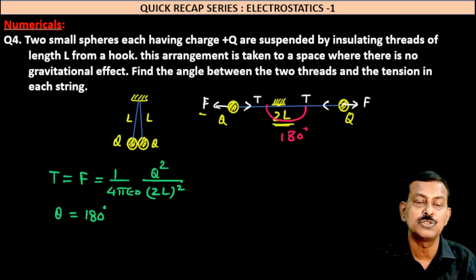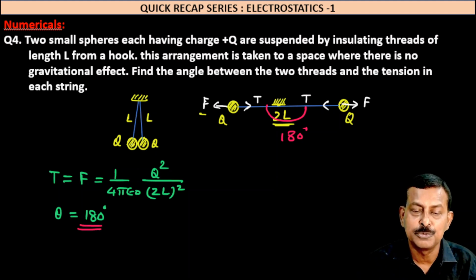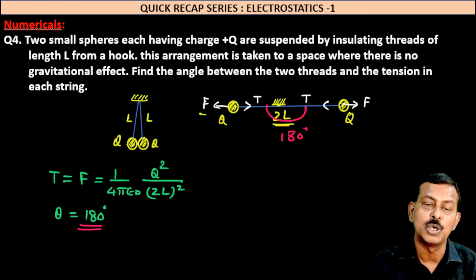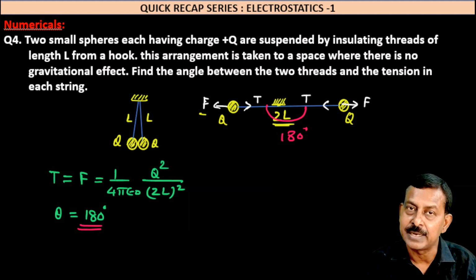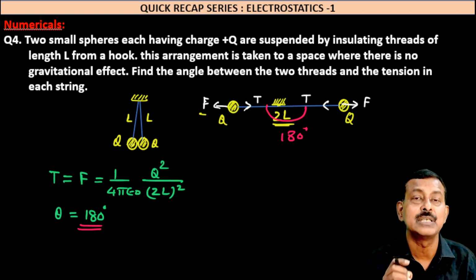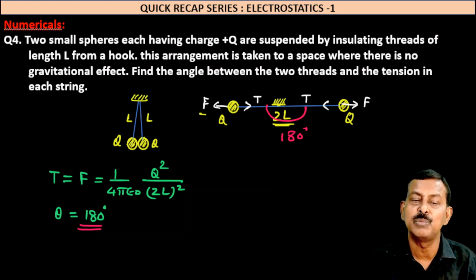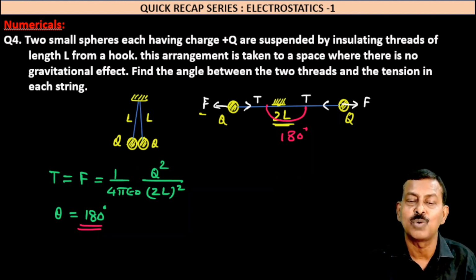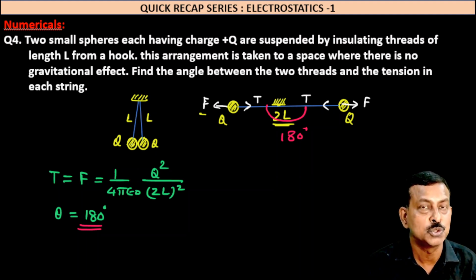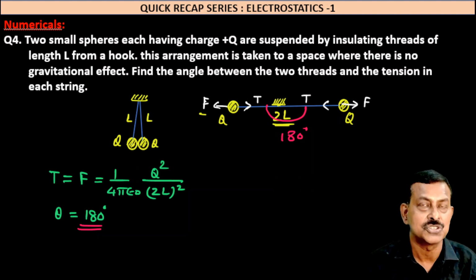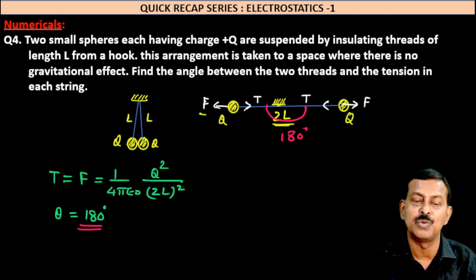The force of electrostatic repulsion is giving the tension in this string. So the tension T will be equal to F, which is 1 by 4 pi epsilon naught Q square by 2L whole square, because the separation between the two is 2L. So this is the expression for the tension in this string, and the angle will be 180.